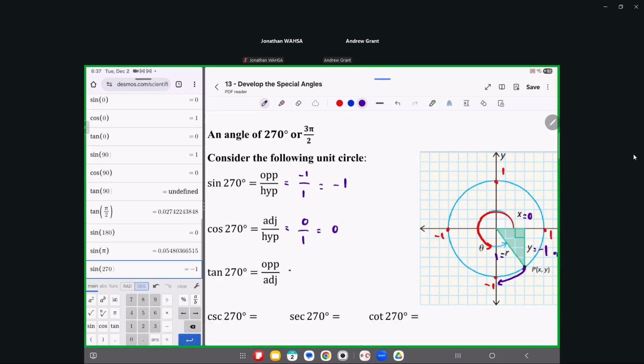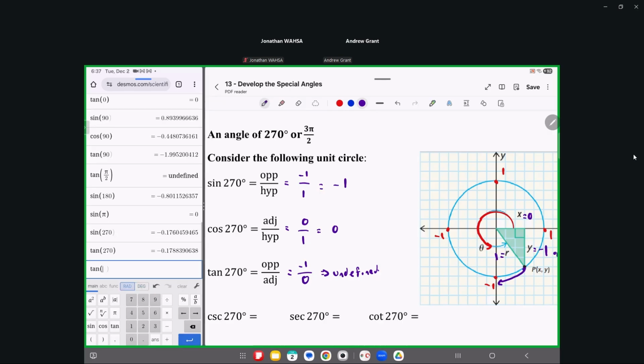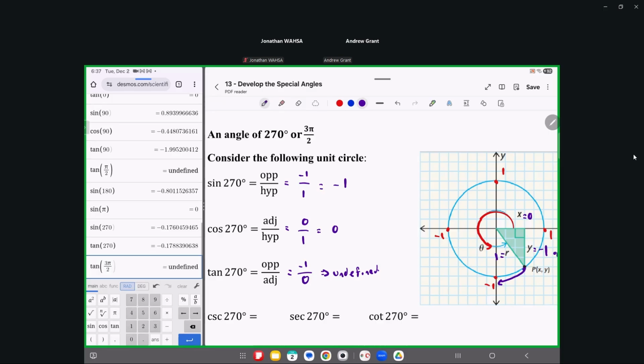And tan of 270 is going to be -1 over 0, which is just going to be undefined. And so if we type in tan of 270, we can get that undefined. Or if we type in tan of 3 pi over 2 in radians, we still get that undefined because they're equivalent.